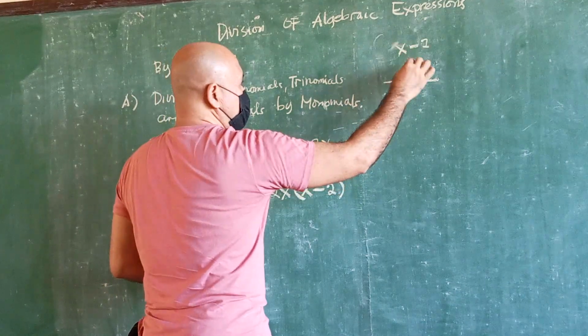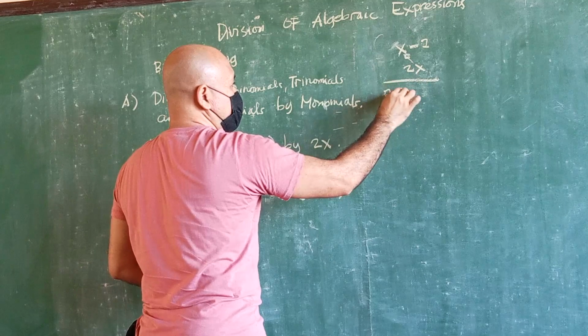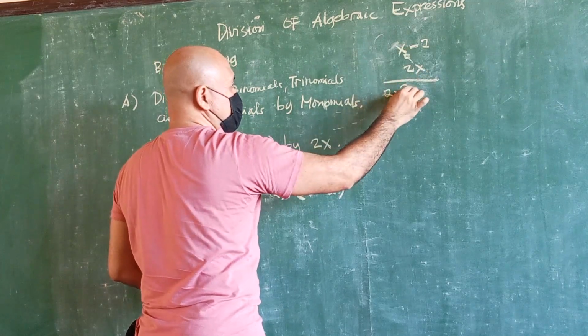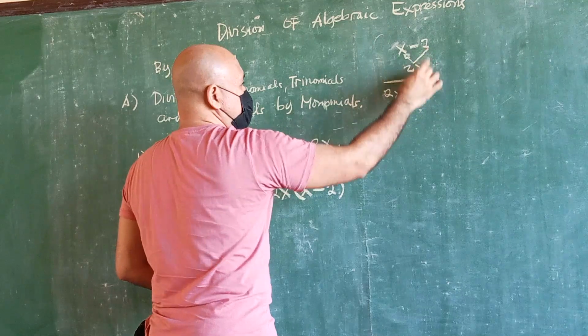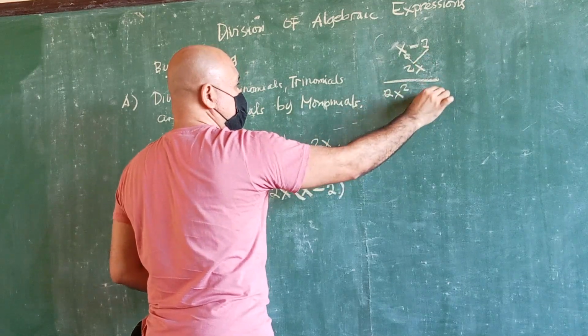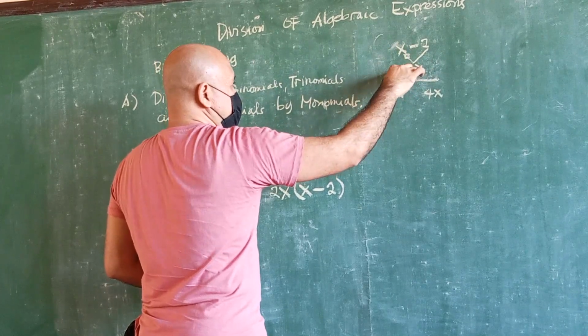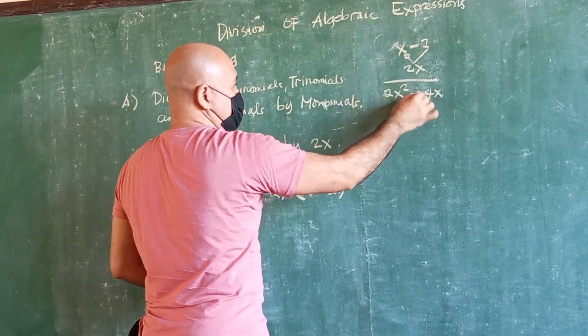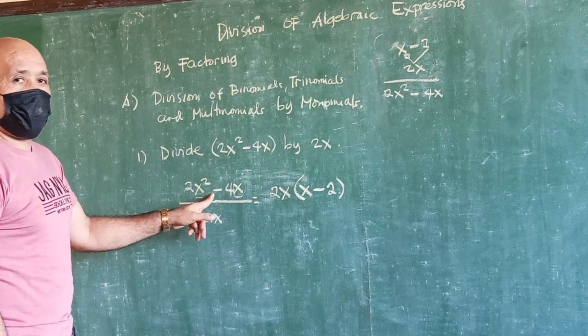Can you still recall? We multiply 2x to x, that is 2, and then x times x with the exponent, that is 2x squared. Then multiply 2x to 2, so that is 2 times 2 is 4, and bring down x because there is no variable here. And positive times negative is minus. So that's it, if you know how to multiply also.